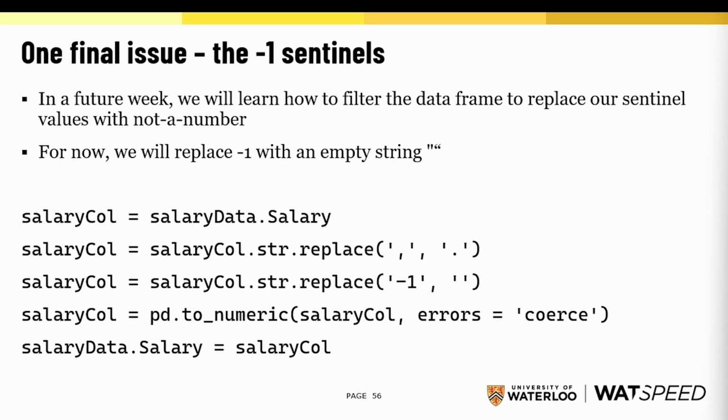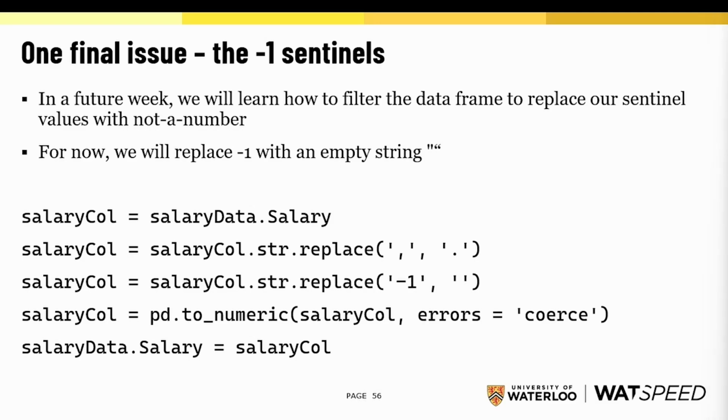For now, we're going to take advantage of the fact that if pandas can't parse a number, it'll turn it into NaN. We're going to replace any -1s with an empty string. In fact, we could replace it with anything that was not a number. Then we'll run pd.to_numeric, coerce any errors to not a number, and then we will have our cleaned column.